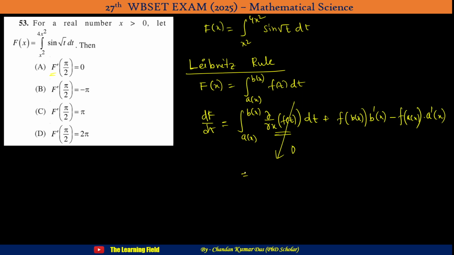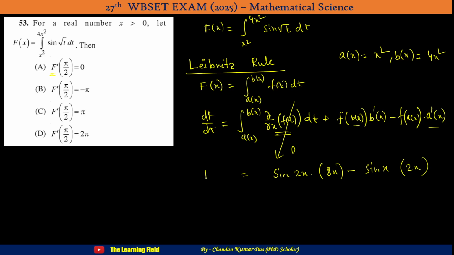So here a x equal to x square and b x equal to 4x square. That means f of b x is sine of 4x square, whose root gives sine 2x, into d dx of 4x square, which is 8x, minus f of a x, which is sine of root under x square, giving sine x, and a dash x means 2x.